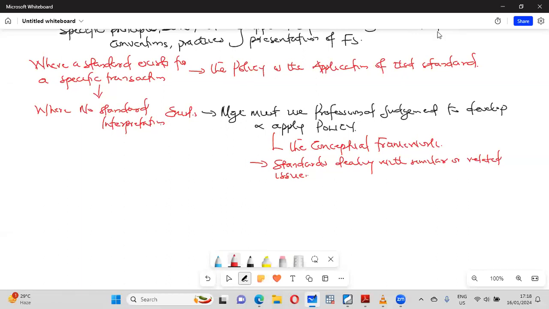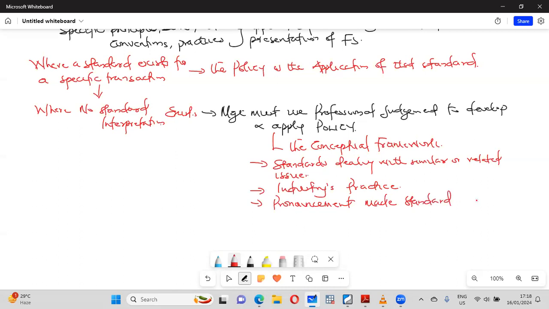If you still don't get anything, then you can also refer to the industry practice, and this is the most common one that has been happening. So you look at the industry's practice, and then any pronouncement made by any standard setting body.